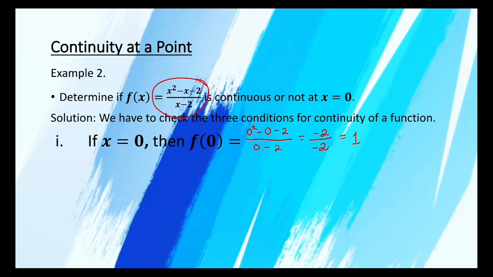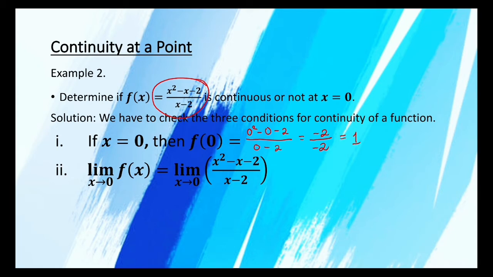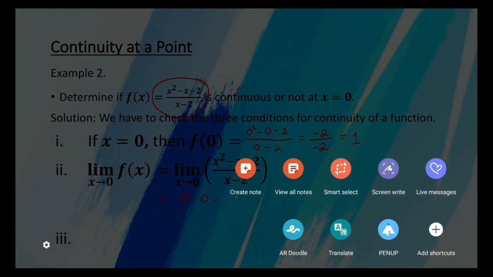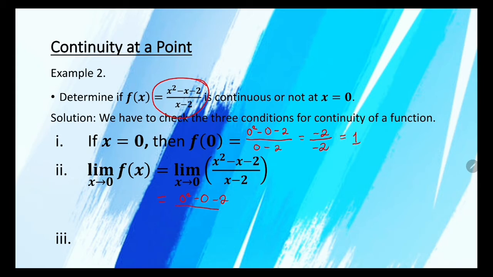Next is the limit. You notice at x equals 0 it is not undefined, so you can use direct substitution. So this is 0 squared minus 0 minus 2, all over 0 minus 2, which is also 1.